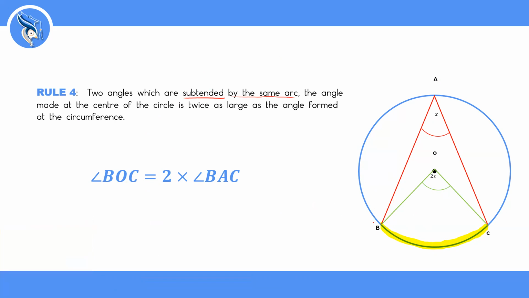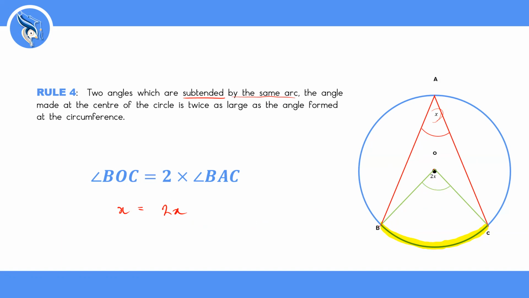You have angle BAC, which I labeled as x, right? And you have BOC, because we're moving from point B to O to C. That's why it's called BOC. That's equal to 2x, right? So if you look here, angle BOC is 2 times the angle BAC, or it's 2 times x, all right?